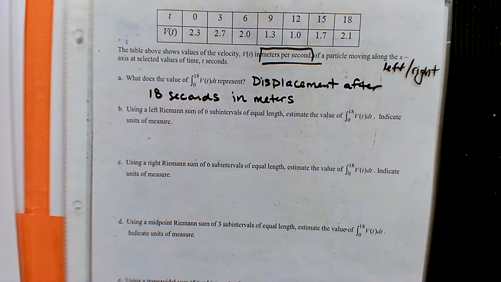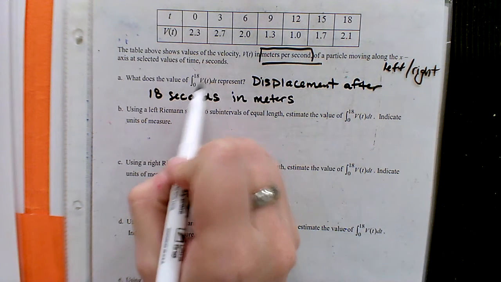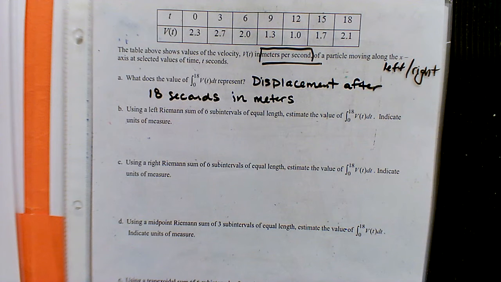Perfect. What if we had absolute values on that velocity function? I know it's not part of the question, but what if those absolute values were in there? What would we change about our response? Because maybe this particle is moving left a little bit, then right a little bit, left a little bit, right a little bit.